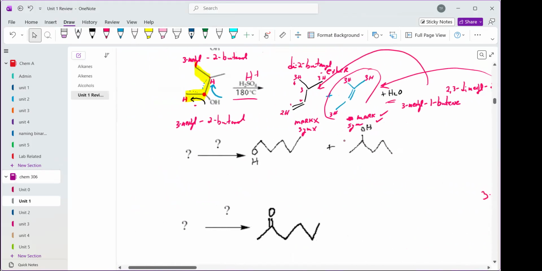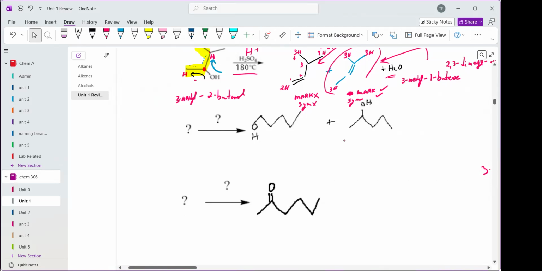Okay, so now I'm saying, how do you make this mixture? First of all, what is wrong with this mixture?